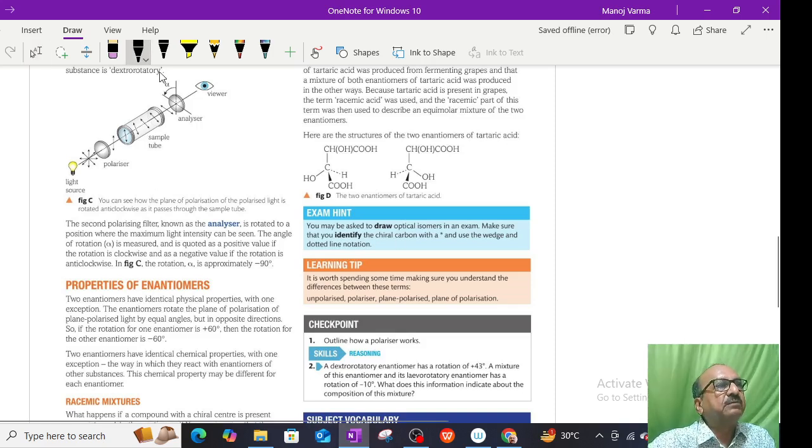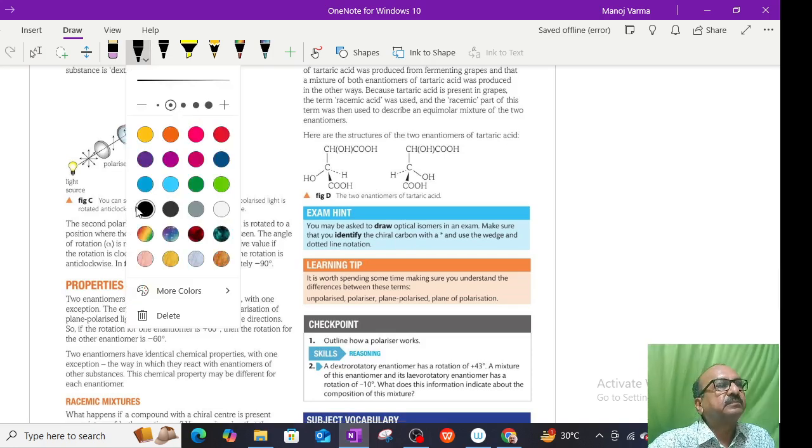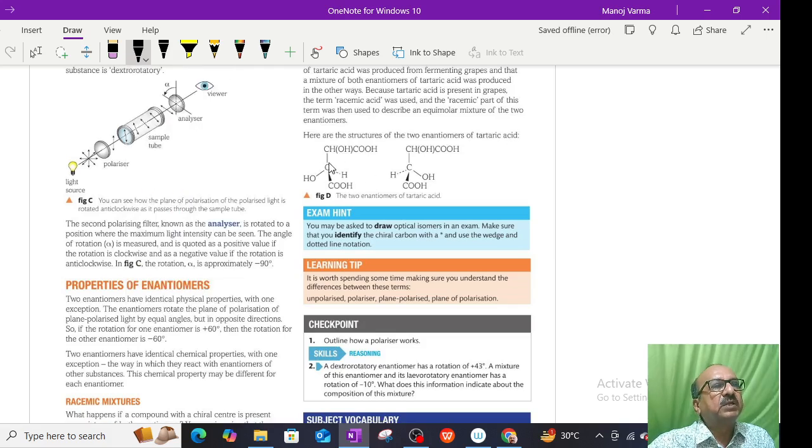So actually, if you look at this particular formula, this molecule, this is actually tartaric acid, and this particular carbon is joined to OH, the H, the COOH, and the CHOH. This whole thing is considered as one single group.